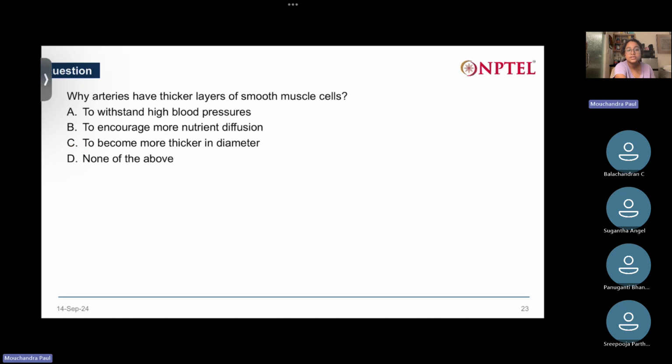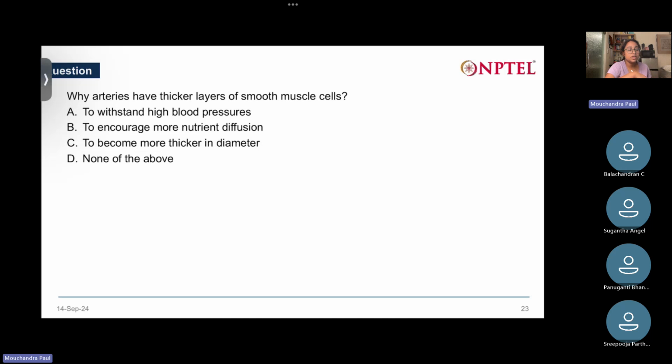Now, why do arteries have thicker layers of smooth muscle cells? So you know the hierarchy. The largest blood vessel in our body is the aorta. From the aorta, there are arteries and then arterioles and then capillaries.